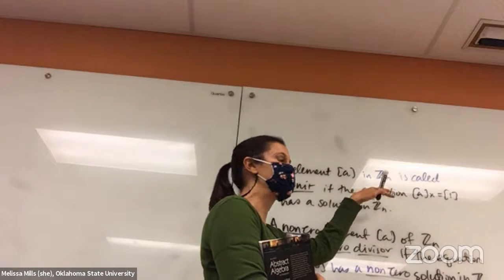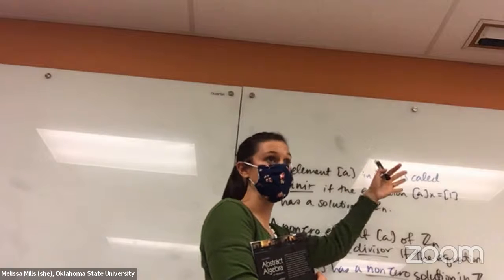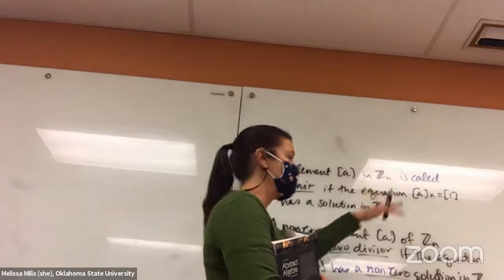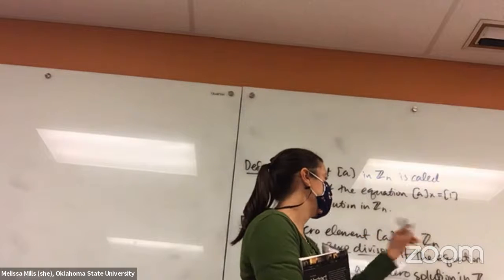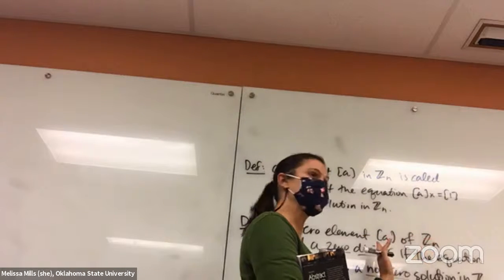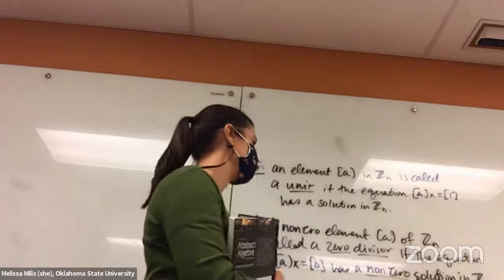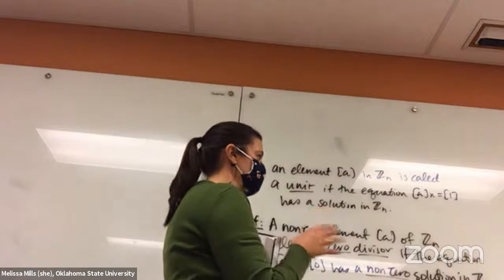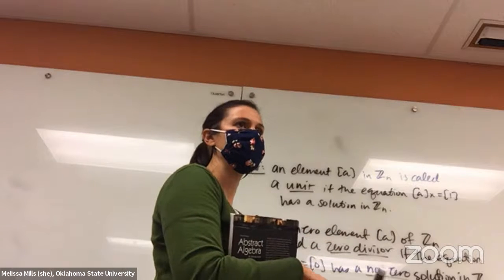So we went back and forth with that, proving things like that in our homework. And same thing here, if the GCD of A and n is not 1, then we end up getting this zero divisor thing, but that's not the definition. That's something we need to prove.